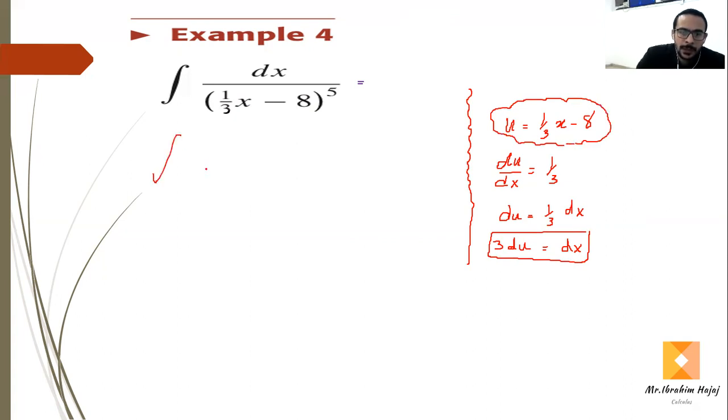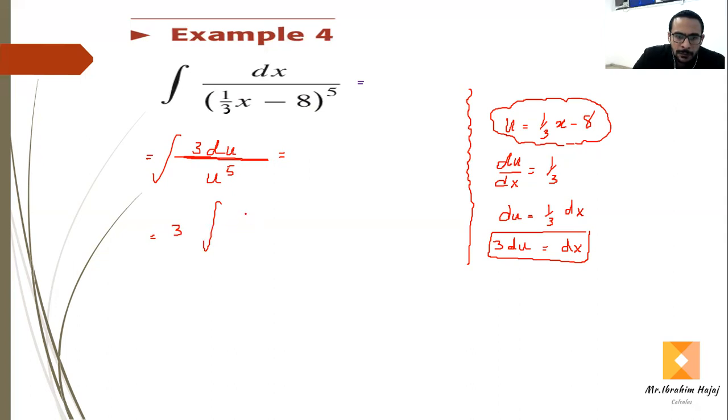So in my integral, the integrand becomes 3 du over u to the power of 5. This 3, we said it is a constant, so we let it outside.